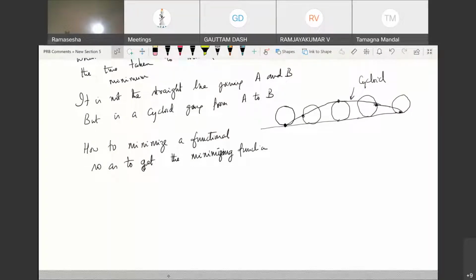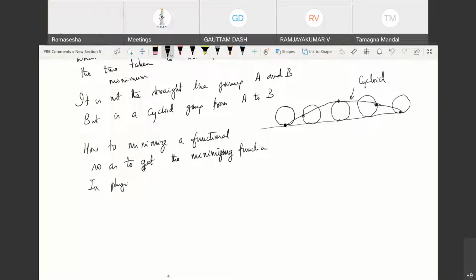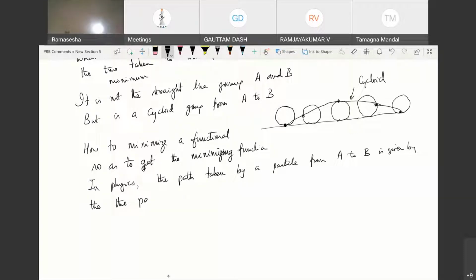Okay, so what we have in physics is that the path taken by a particle from A to B is given by the path that minimizes the action.